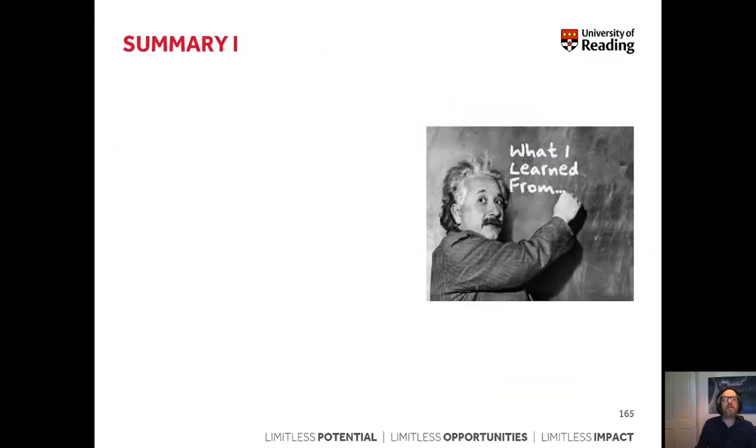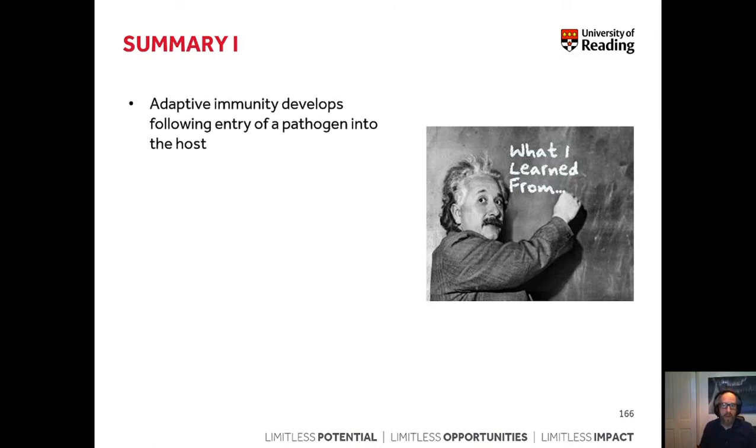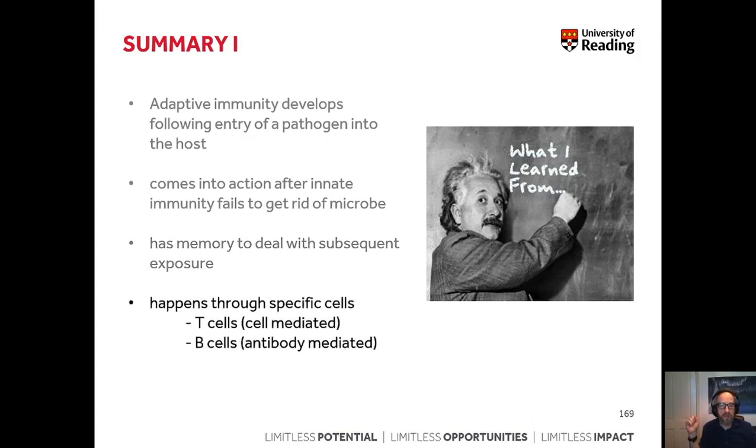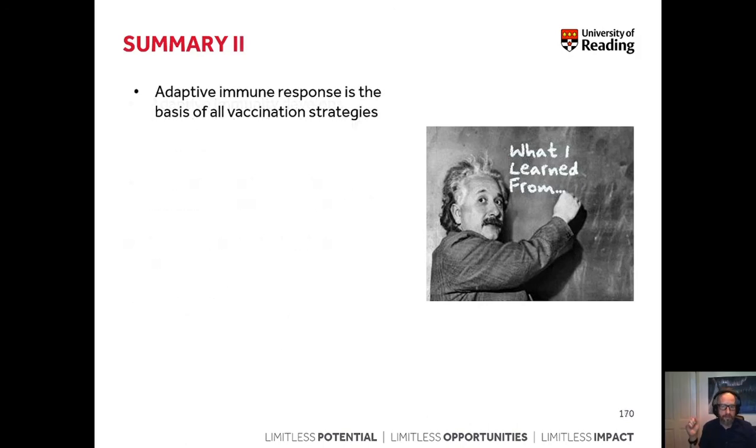So, let us summarize what we have learned about the adaptive immune system today. First of all, the adaptive immunity develops following an entry of the pathogen into the host. It comes into action after innate immunity fails to get rid of a microbe or pathogen. It has a memory to deal with subsequent exposure, and this is different to the innate immune system, and it happens through specific cells, namely T cells and B cells.